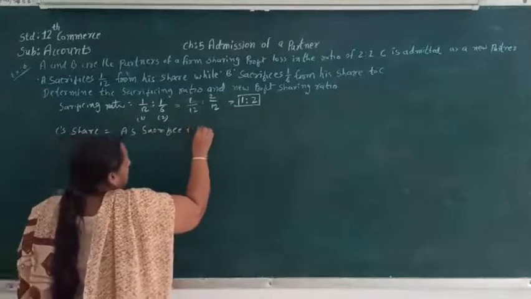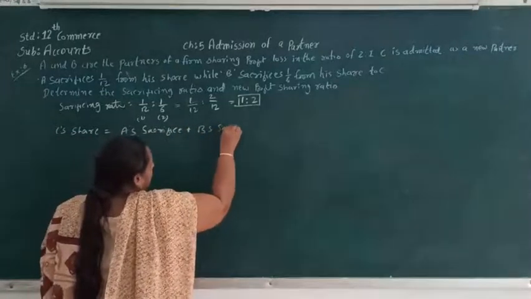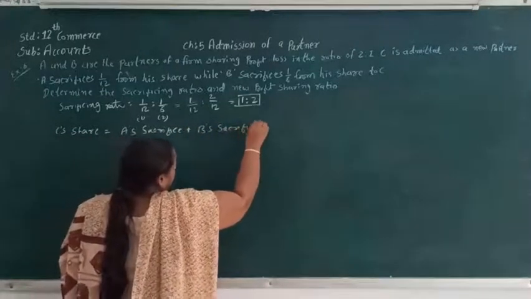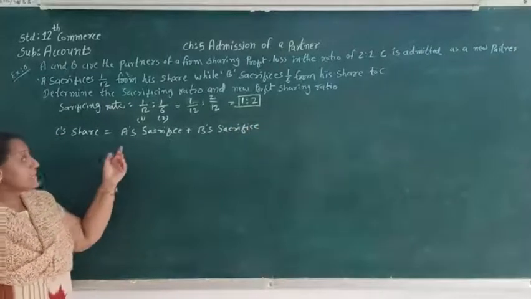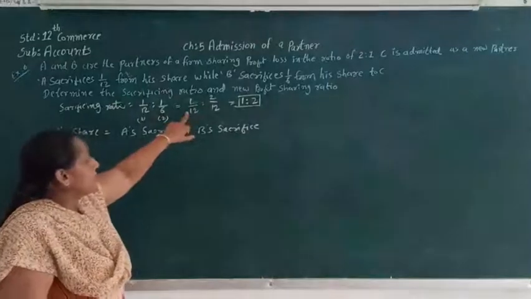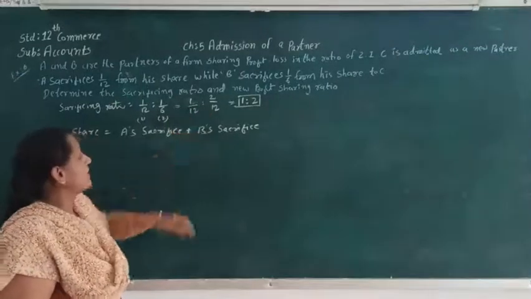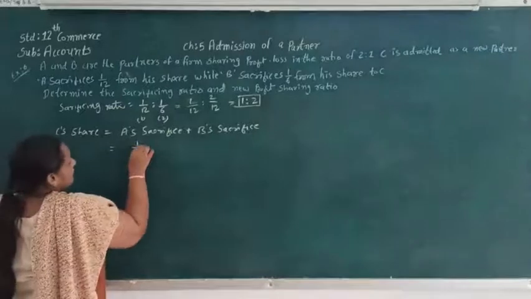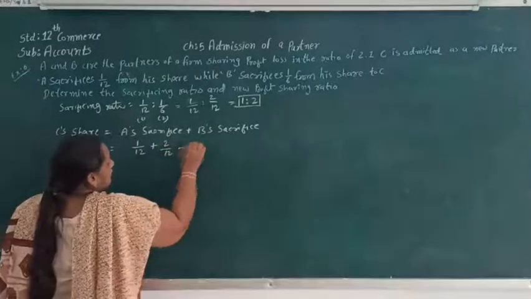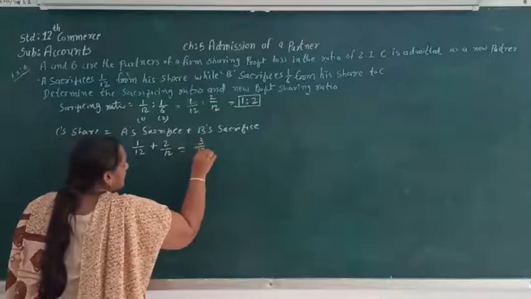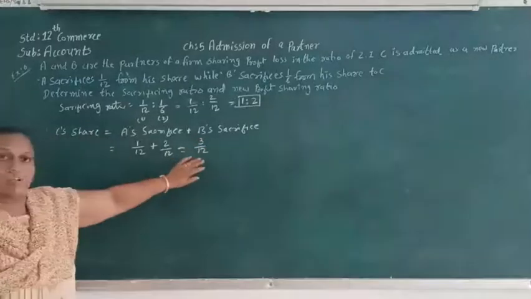A's sacrifice is 1 by 12 and B's sacrifice is 2 by 12. So 1 by 12 plus 2 by 12 is equal to 3 by 12. So this is C's new share.